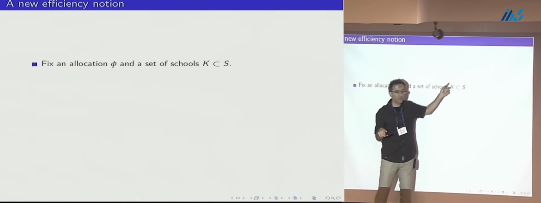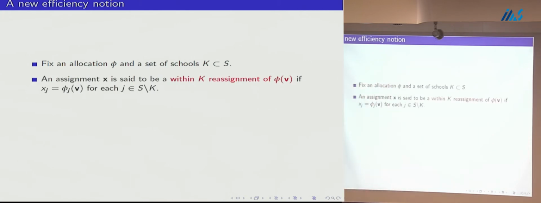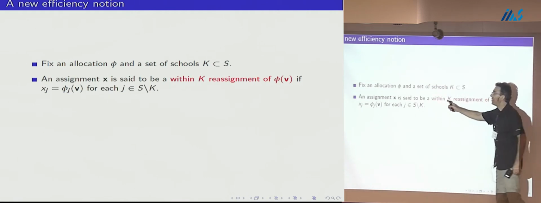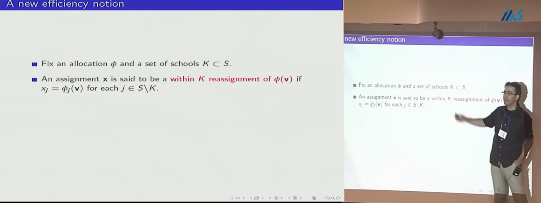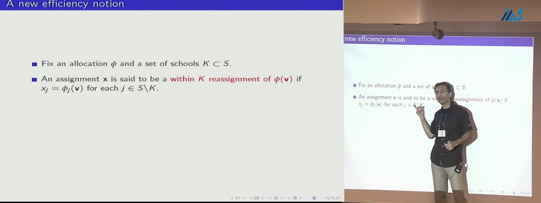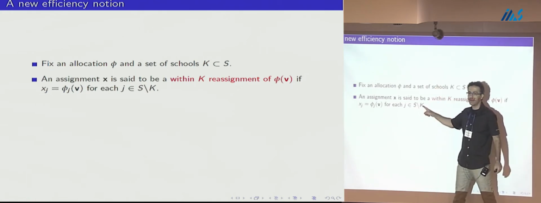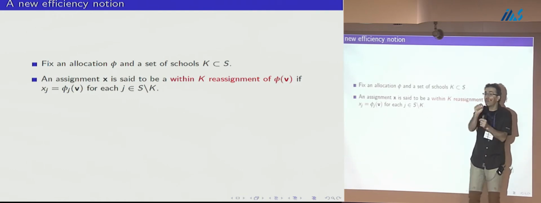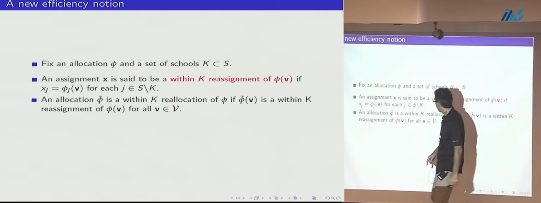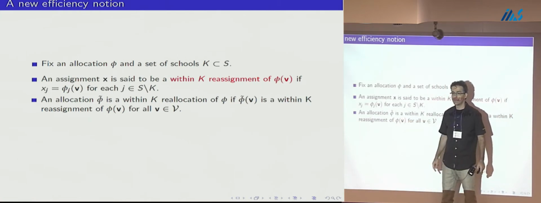So take a subset of schools K and consider an assignment X. Remember, that is the probability of getting school 1, probability of getting school 2, and so on. I am going to consider a within K reassignment. What is a within K reassignment? A within K reassignment fixes the probability of being assigned to any school outside of K and changes the probability of assignment to schools within K. And I'm going to do this for all students.